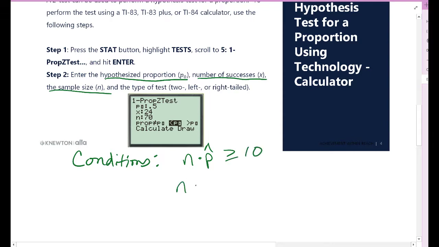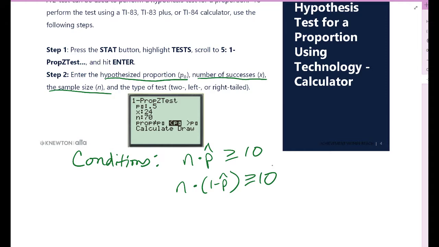And we need n times q hat, but I'll write it like this, n times 1 minus p hat, to also be greater than or equal to 10. If you've had any previous exposure to binomial probabilities, you know that your p hat is your success rate, where 1 minus p hat is your failure rate.